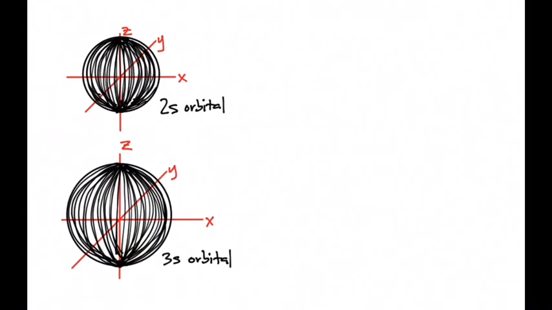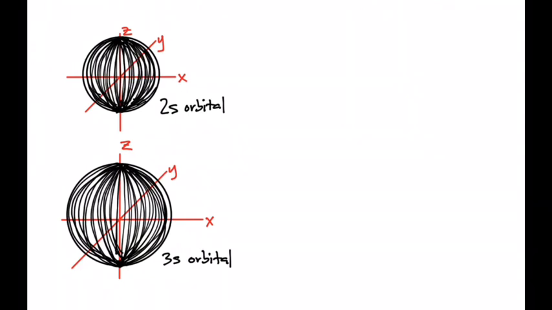Same thing for a 3s orbital. So if we're comparing a 3s orbital versus a 2s orbital, the 3s would be higher in energy and larger than a 2s orbital. And you can predict a 4s and a 5s and so on and so forth. The higher the principal energy level, the higher the energy and the larger the size of that orbital.